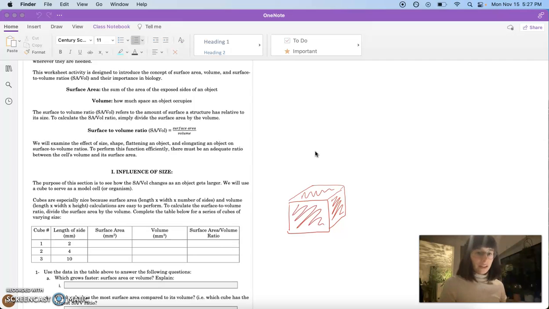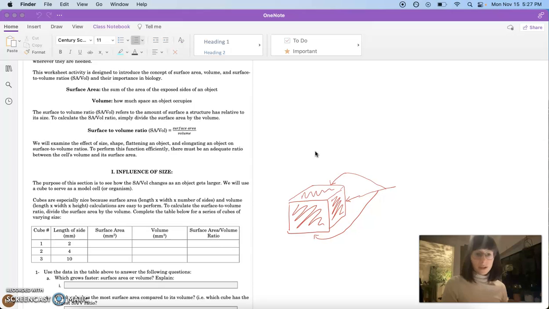What that looks like with math is we take the area of each of these faces and add them all up. There are three more that I'm not going to draw arrows to because they're not drawn, but a cube has 6 sides, so there are 6 different sides that have area we would have to calculate.